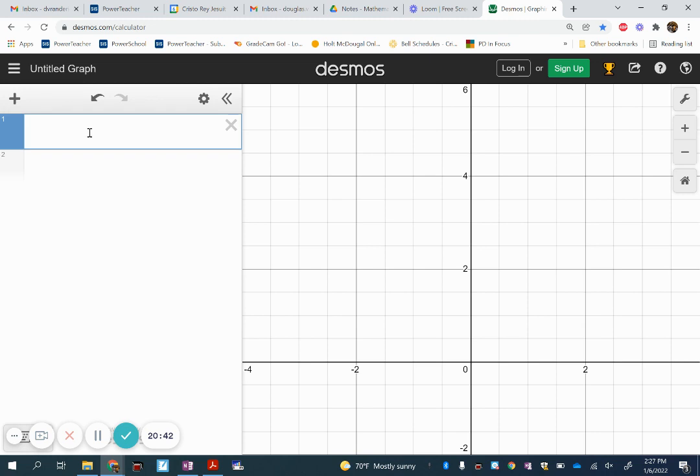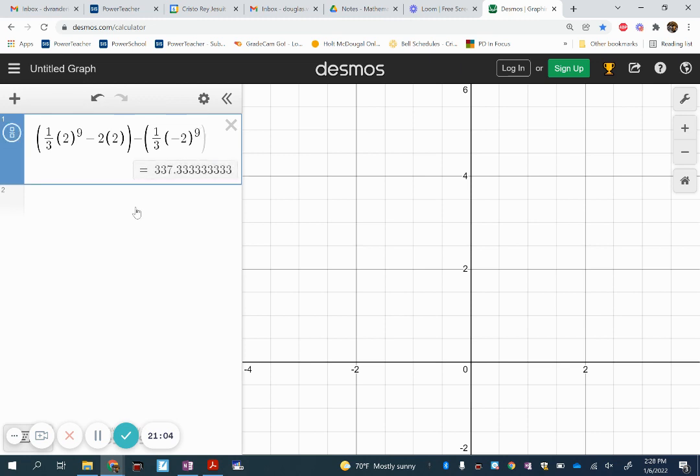Okay, so we have 1/3 times 2 to the 9th power minus 2 times 2, okay, minus 1/3 times negative 2 to the 9th power minus 2 times negative 2.